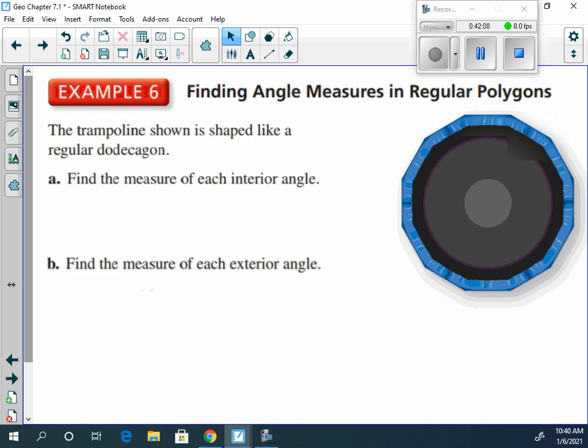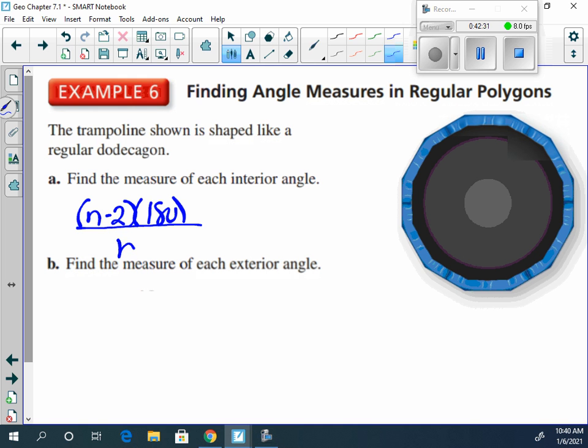Now, this is going to be the last thing we look at, because I'm wanting to apply what we've had already, the regular dodecagon. So, this here we've actually done. Because if I want to find one interior angle in a regular polygon, we're going to use our n minus 2 times 180 divided by n.